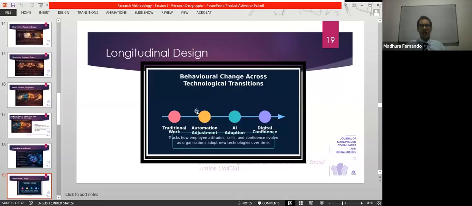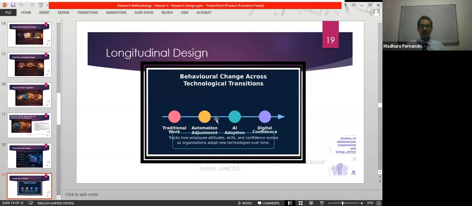Then, after applying a certain type of automation at a future point of time, you utilize the same model to measure the behaviors. And at another point of time, after AI adoption, you use the same model to measure the impact of AI adoption on behavior, and then the digital confidence.